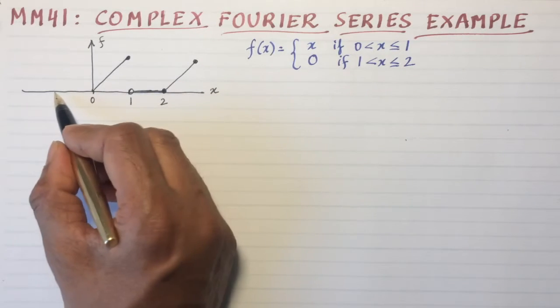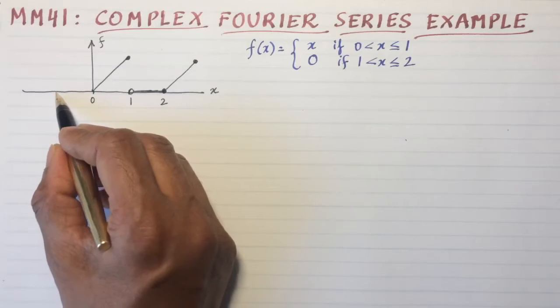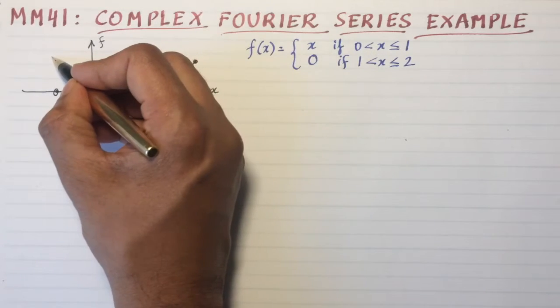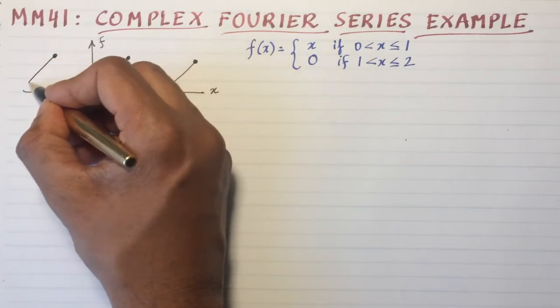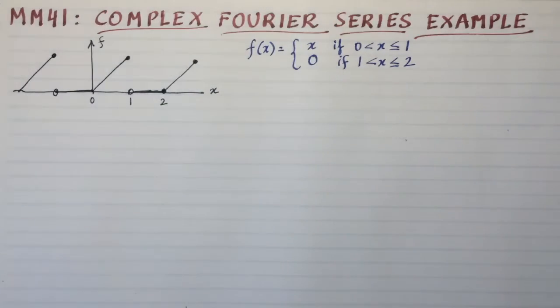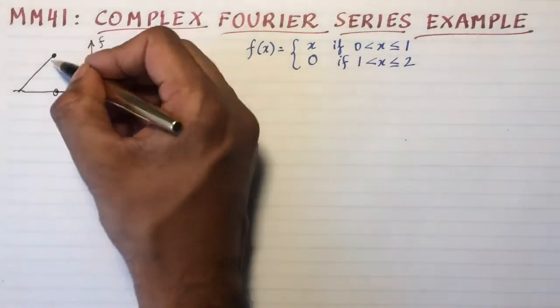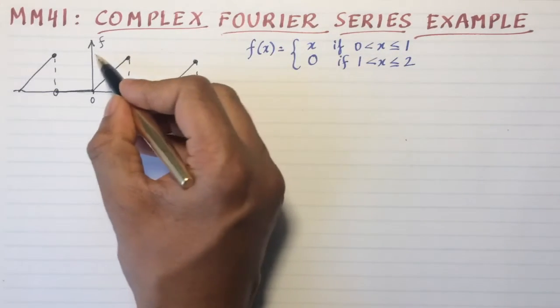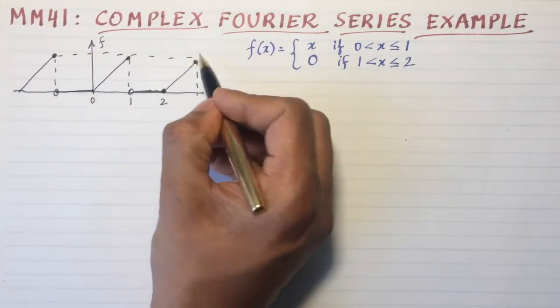And on this side also it's periodic, so it keeps repeating there as well. So this is the periodic function we have, and the value of this function at the highest point is 1.